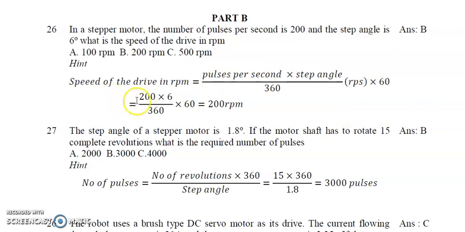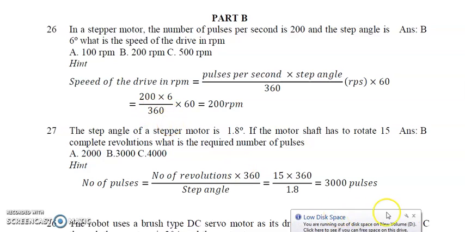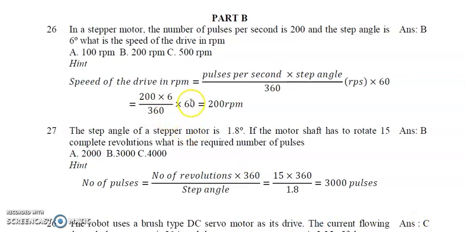So 200 pulses per second, multiplied by 6, the step angle, divided by 360 degrees per revolution, multiplied by 60, the conversion factor from RPS to RPM, is equal to 200 RPM. So choice B, 200 RPM, is the right answer.